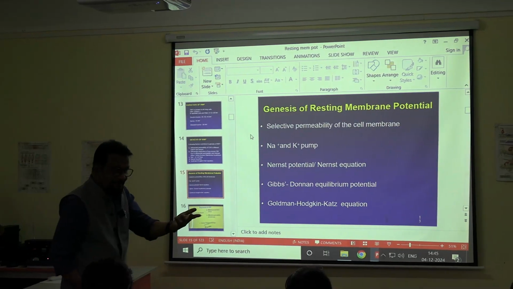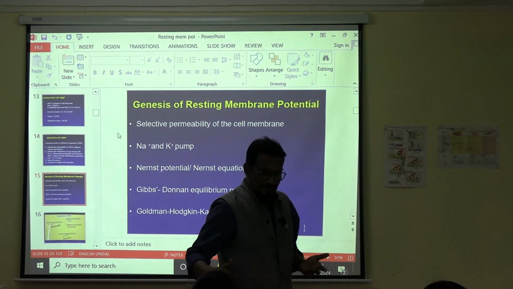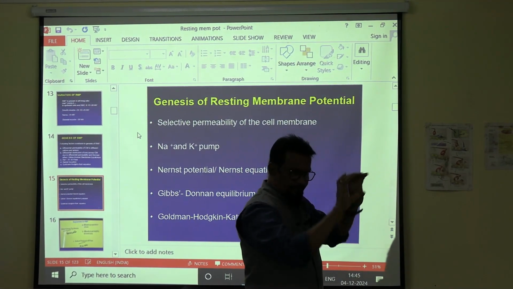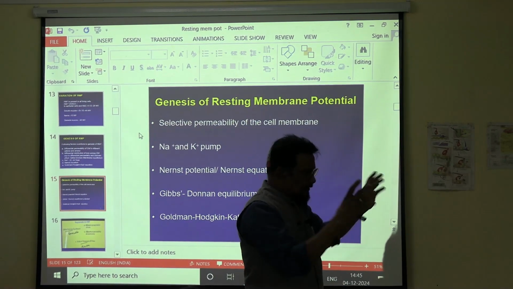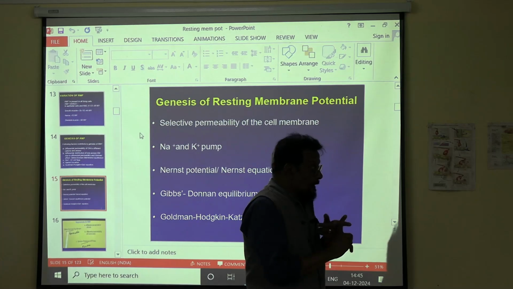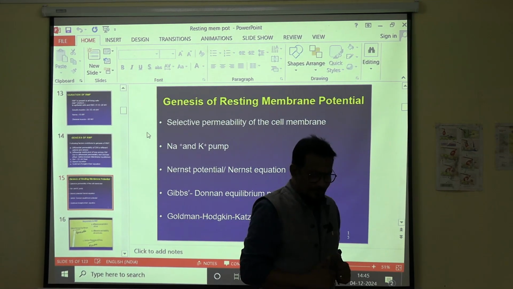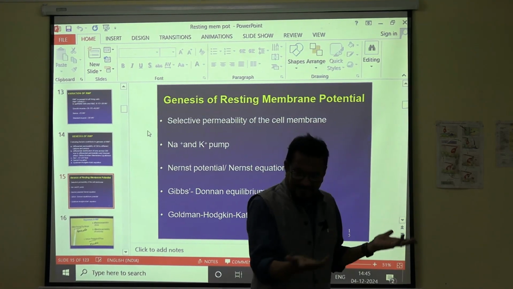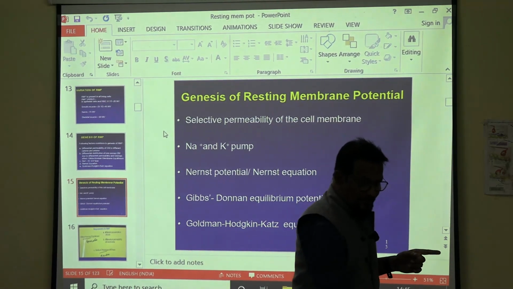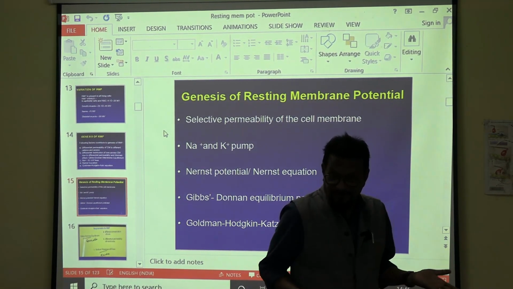So we have seen that permeability of potassium is easy. They can move in favor of the concentration gradient, there are a lot of channels, and they are not obstructing, so easy passage is there. Moreover, the number of potassium ions across the membrane is much more. So the number of channels, number of gates, is more, and with no obstruction when the gradient is there, they pass easily. So its permeability is more.